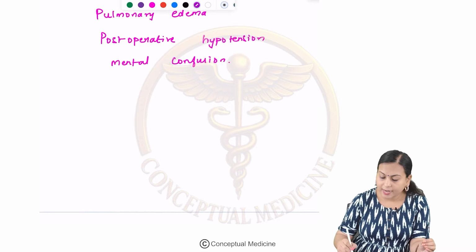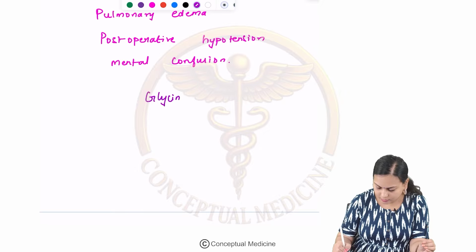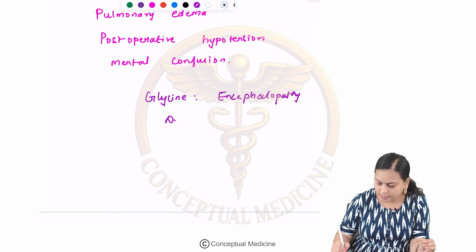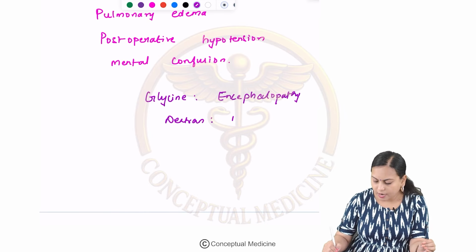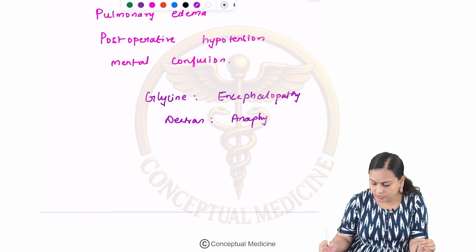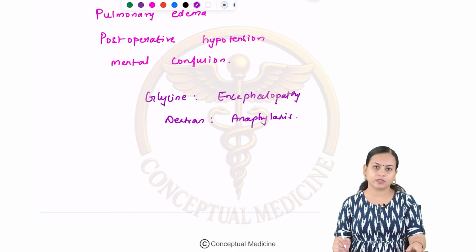Okay, and especially when you use glycine, they can present with encephalopathy, and with dextran, an anaphylaxis reaction can be expected. Clear?